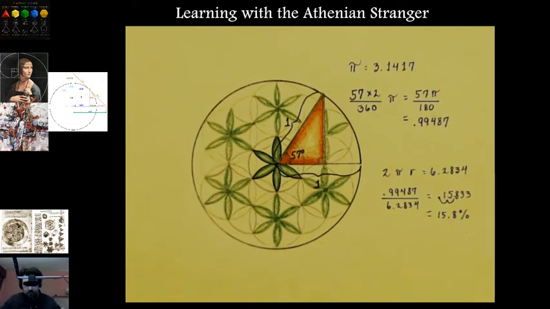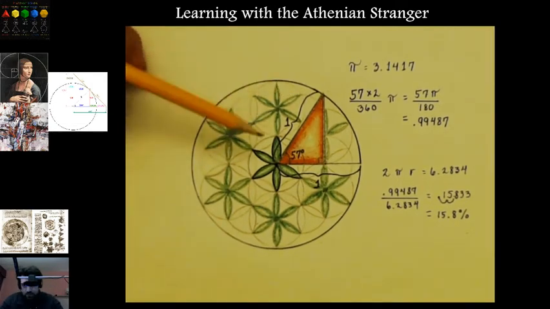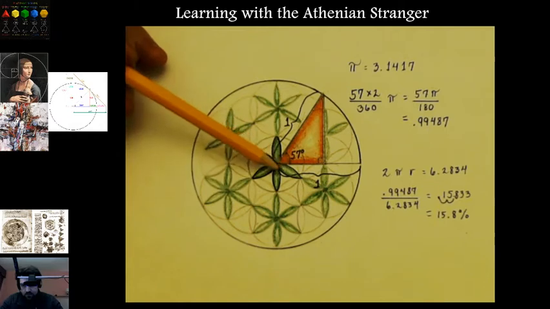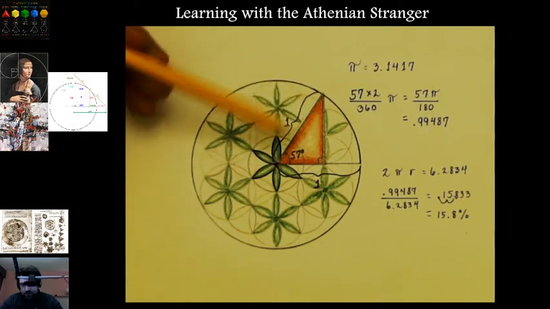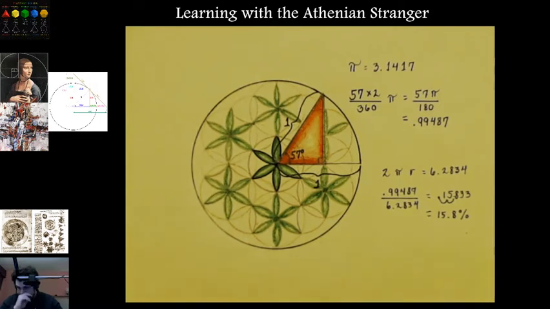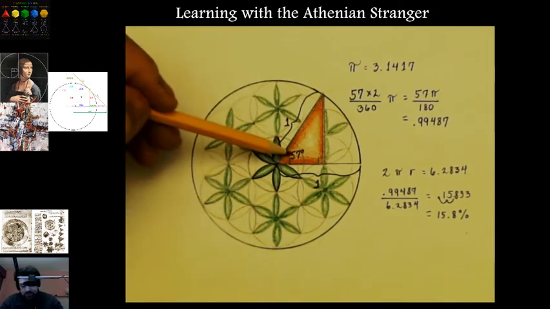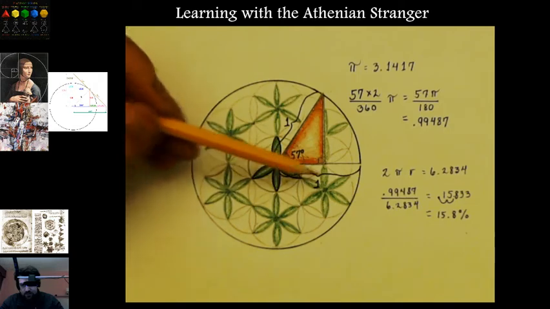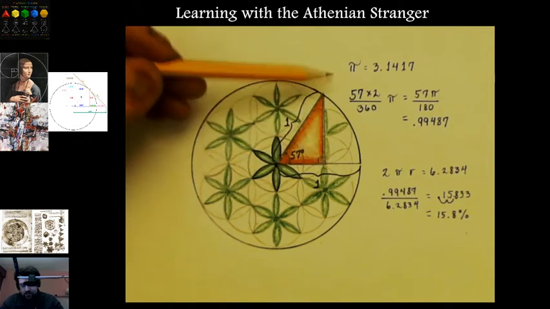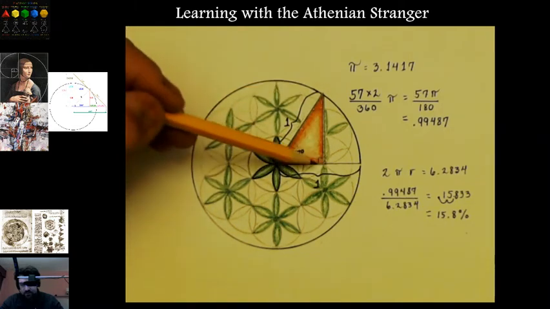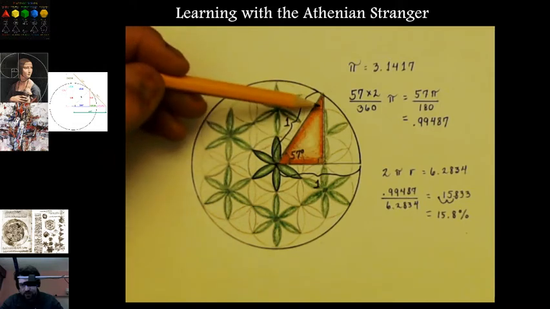Okay, in order to move forward, you have to know that the internal angles of a right triangle add up to 180 degrees. If this is 57 degrees and this is 90 degrees, 180 minus 57 minus 90 gives us this angle right here, which is 33 degrees.